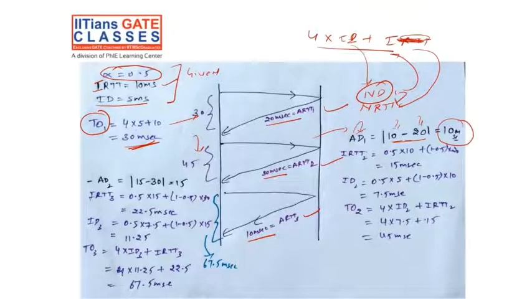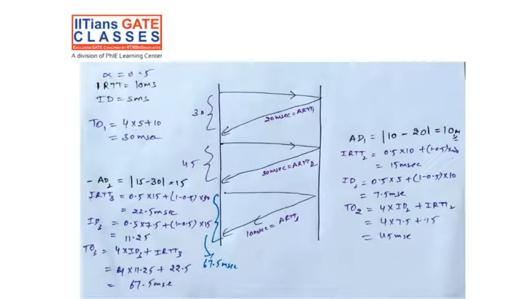Now calculate the new RTT, IRTT2: alpha into IRTT plus 1 minus alpha into the actual round trip time, which is 20. Now it will be 15 milliseconds.